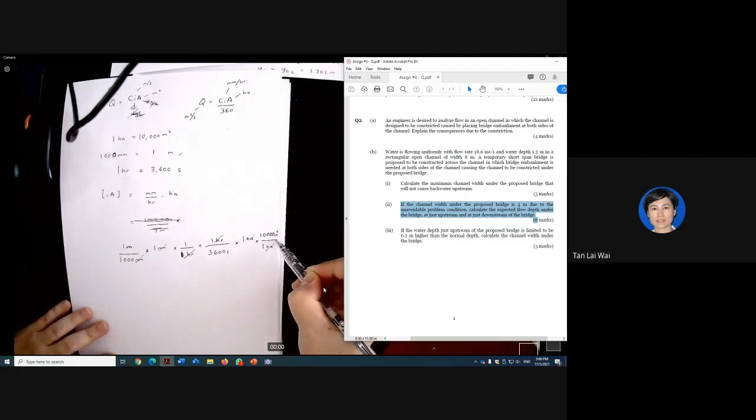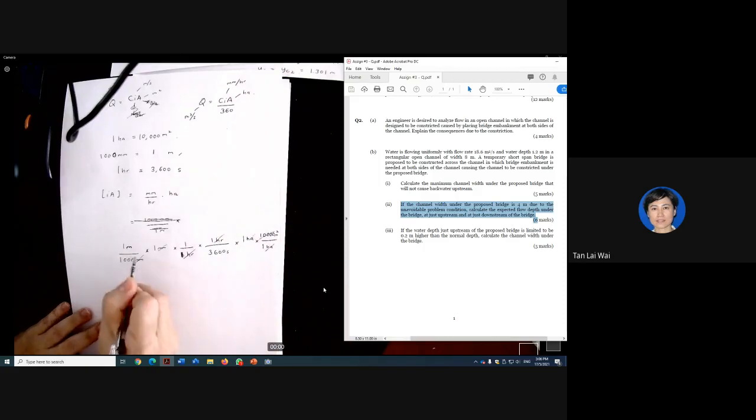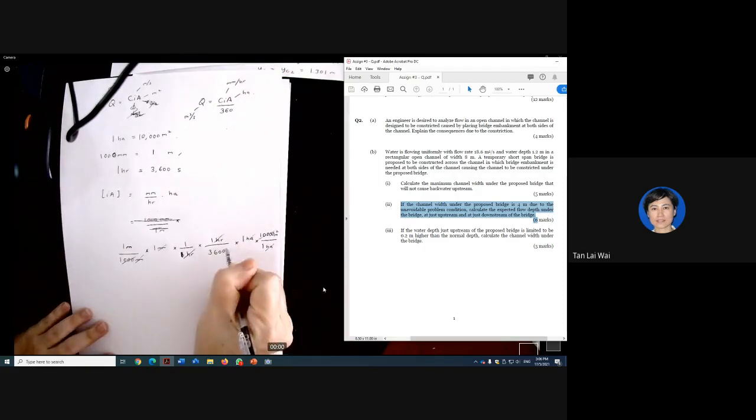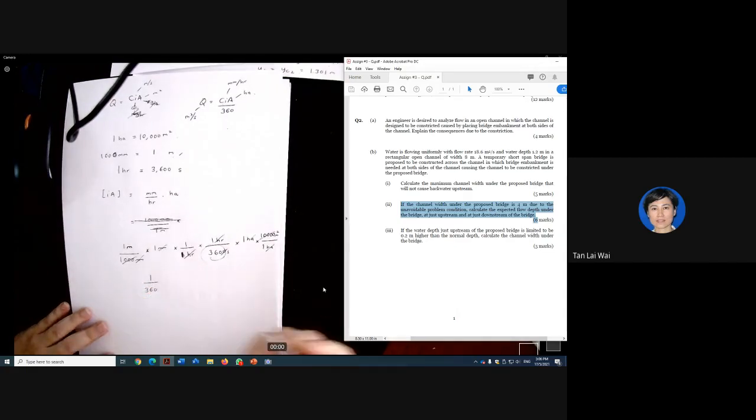Look at this: I have 10,000, I cancel 1,000, I cancel one zero. So the only thing left is 360. Therefore, I converted this, and the unit becomes meter cubed over second.